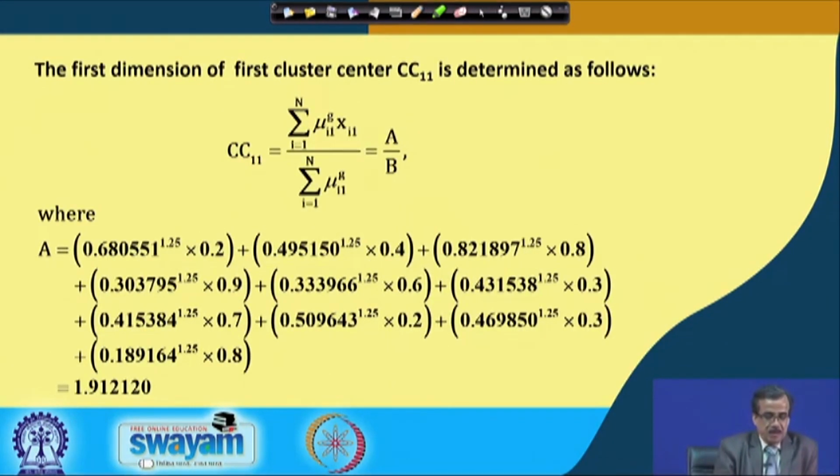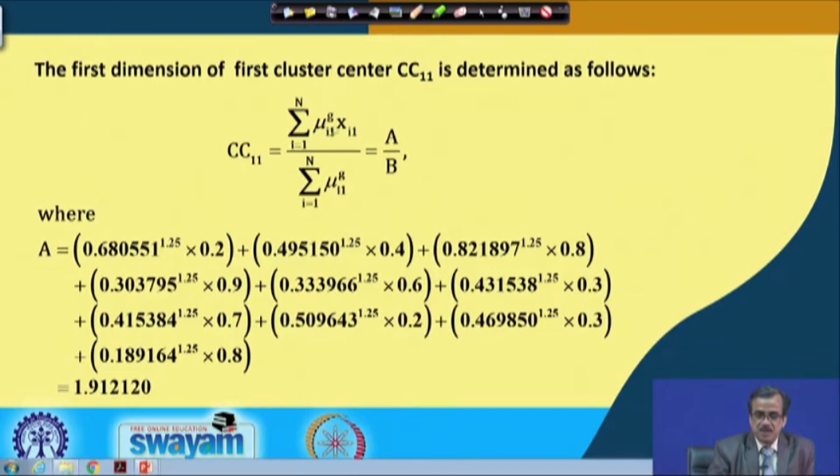A is nothing but this particular expression, and I first put i equals to 1. So, it is mu 11 raised to the power g multiplied by x11. Now, x11 means the first data point, first dimension, so that is 0.2, and this is the membership value raised to the power 1.25.